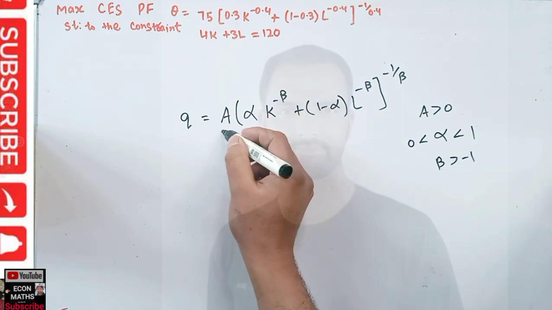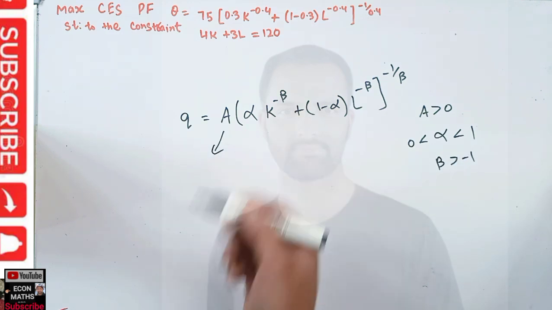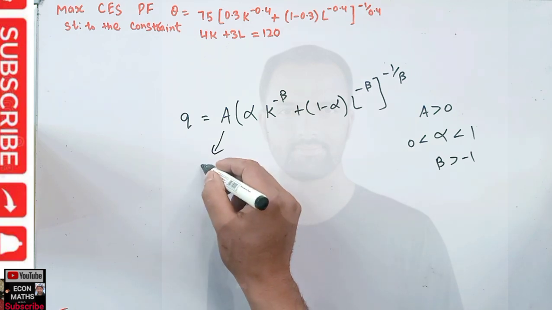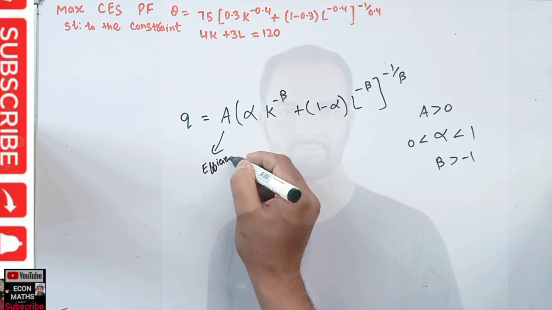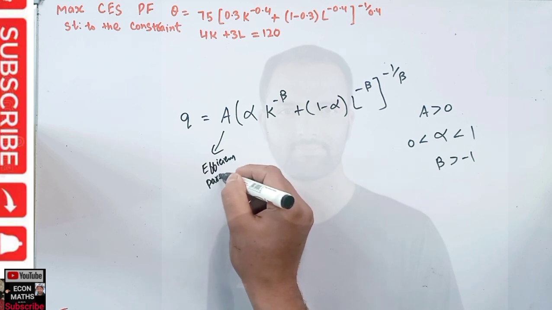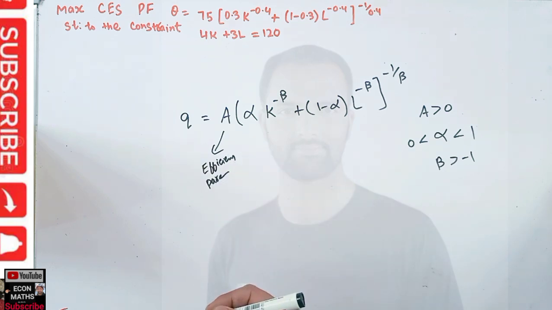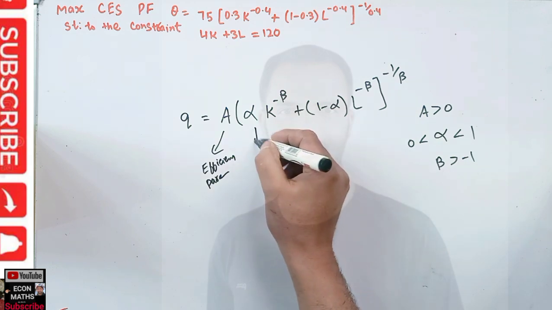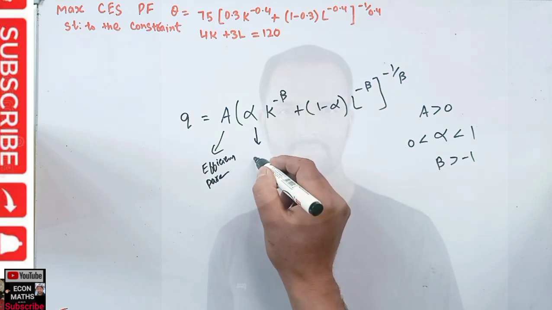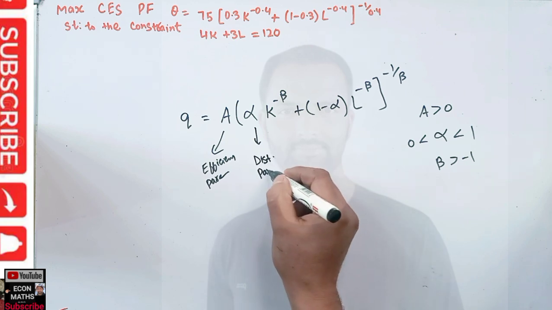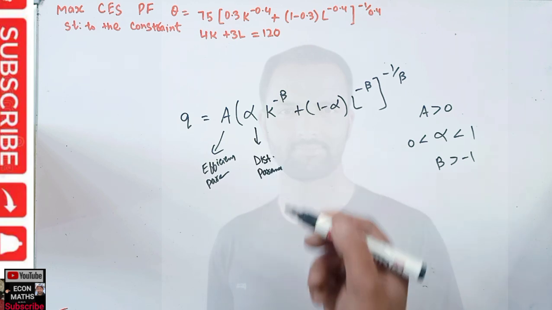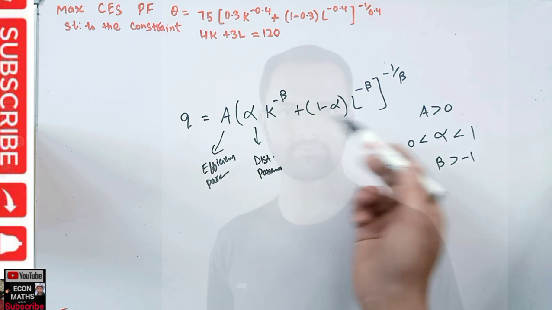Now, what is this? A denotes the efficiency parameter. It shows the state of technology. Alpha denotes the distribution parameter, and it denotes the factor shares of capital and labor.